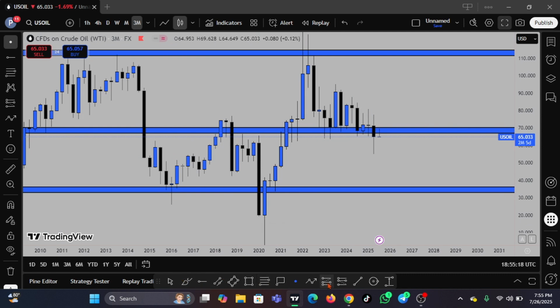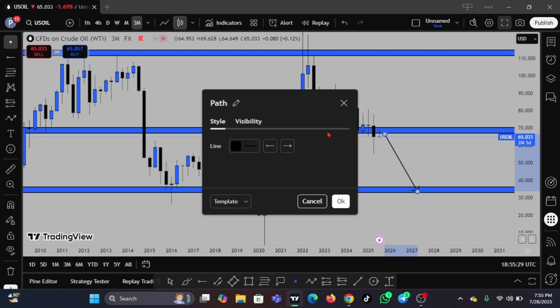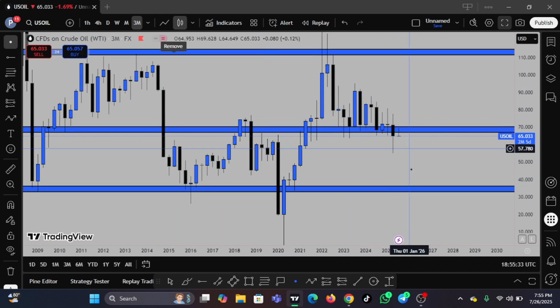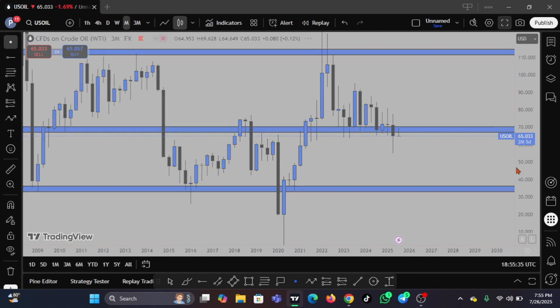If it turns to resistance, I expect more drop on US oil to $33 per barrel. Price is currently trading at 65. I'm expecting a massive drop to $33 per barrel.